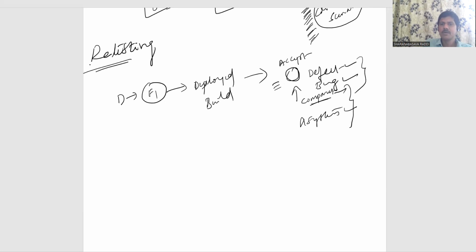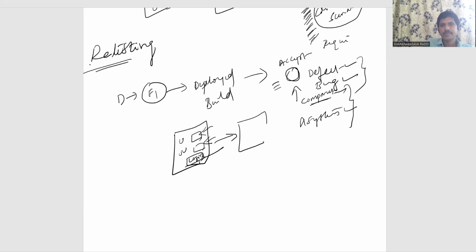Both are the same. So a defect is nothing but, for example, there is a requirement like, when a user enters a valid username and valid password and clicks on the login button, the user should be navigated to the home page.